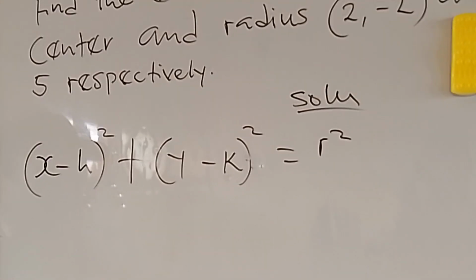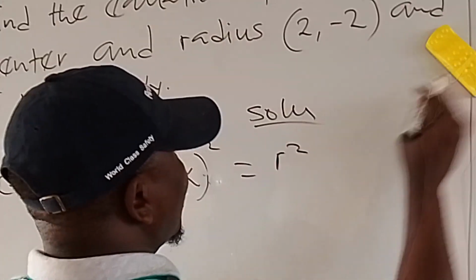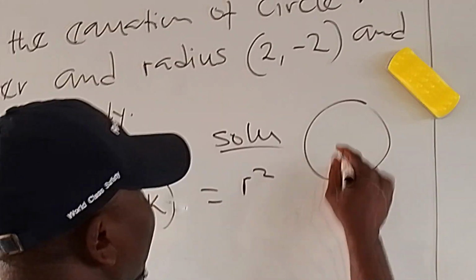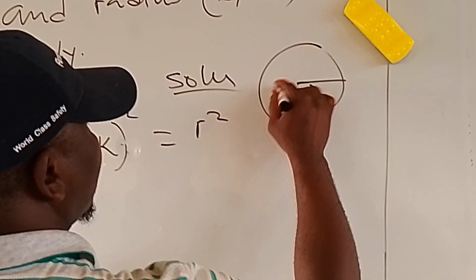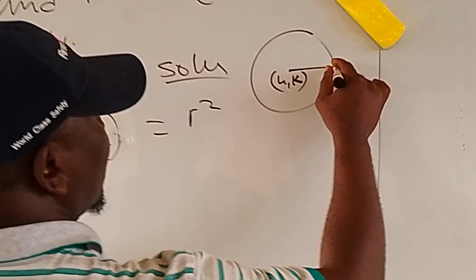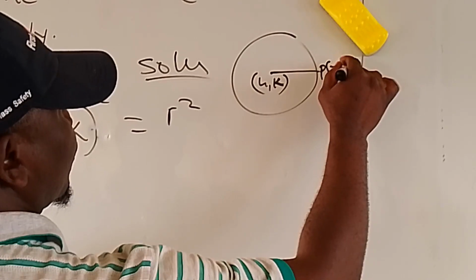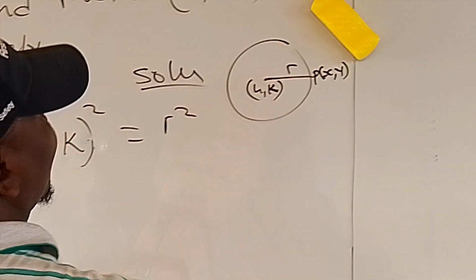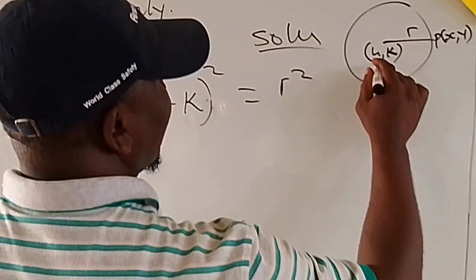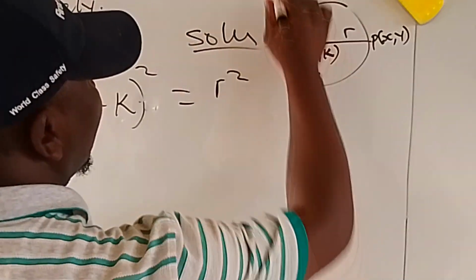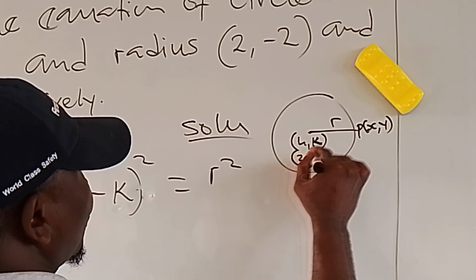So it implies that in the circle, let's have it again. In the circle, we have h comma k. Then we have our point x comma y. This is our radius. So this is the center. It implies that h is 2 and k is minus 2. True or false?